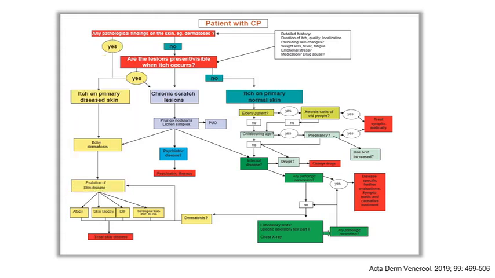When we see a dermatosis on the skin, we all know what to do. Here at the bottom, taking skin biopsies or lab and so on. And here on the other side, we have patients who have no skin lesions. And here we have a very detailed algorithm which really helps guide your diagnostics.